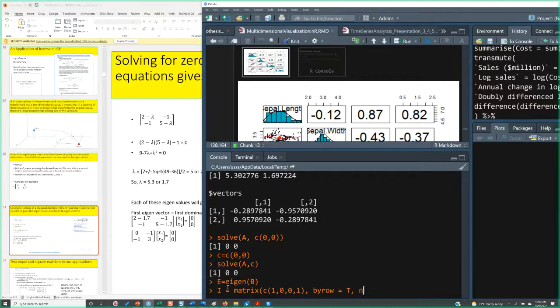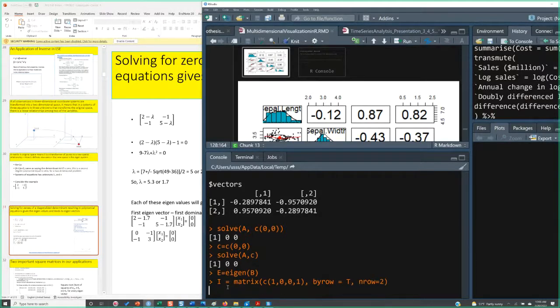Now I define A. I have to define a new matrix and then solve, so that I don't lose anything. I don't think it is a rounding error, but there is something going on. I have to explain. A minus E dollar values, percent I. These are all clear to you, right?